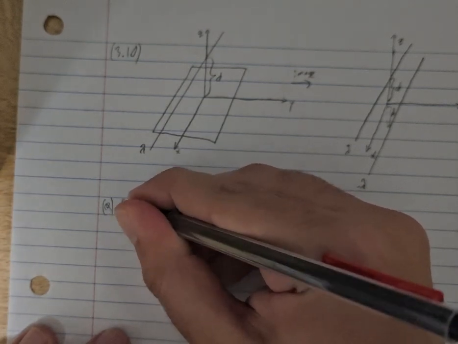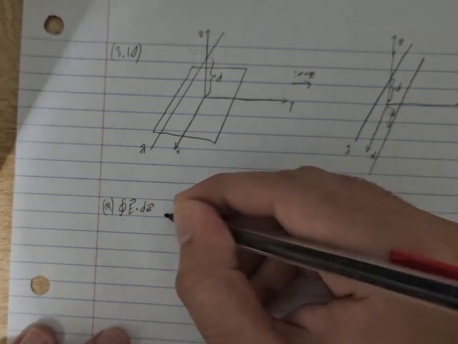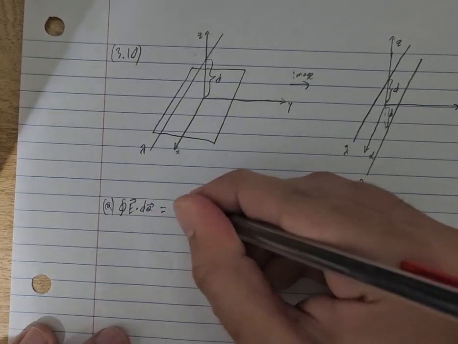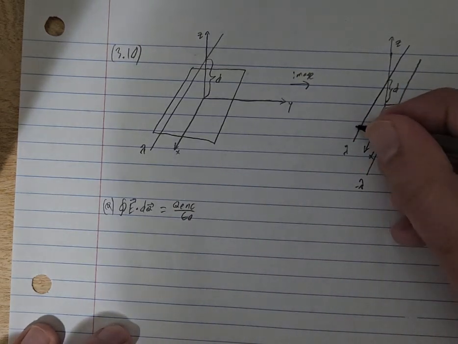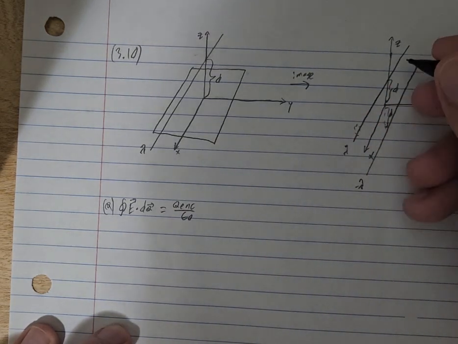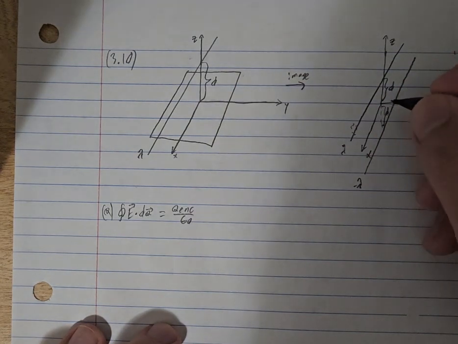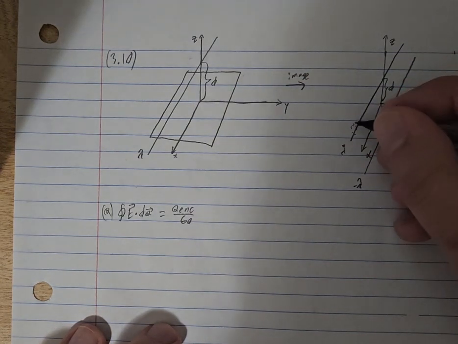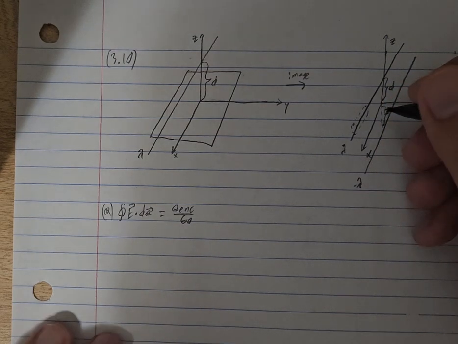So we can use Gauss's law, where we know that the integral of E dot dA is equal to the charge enclosed over epsilon naught, using a Gaussian cylinder on this infinite line charge.